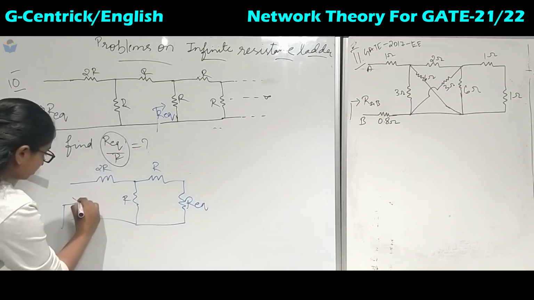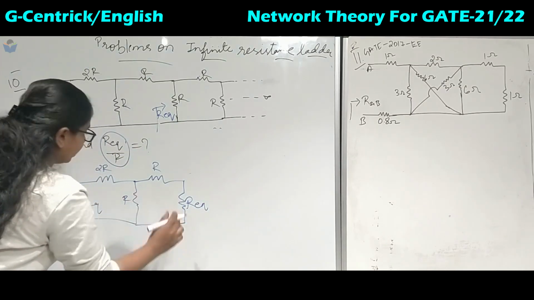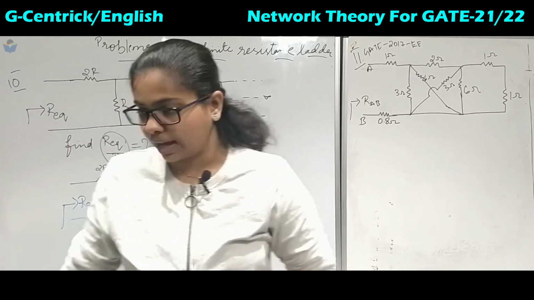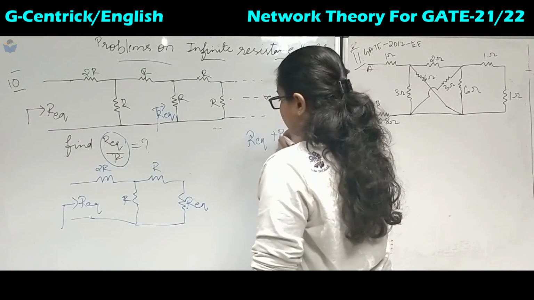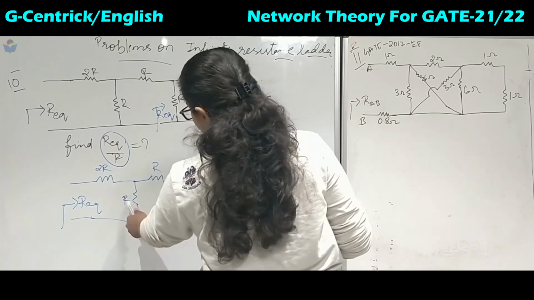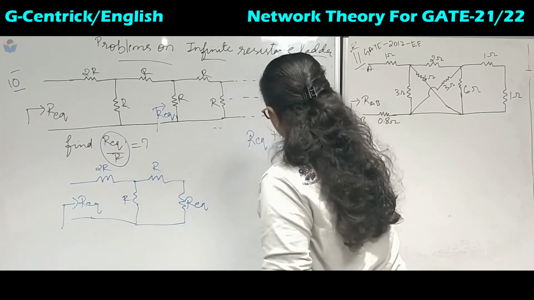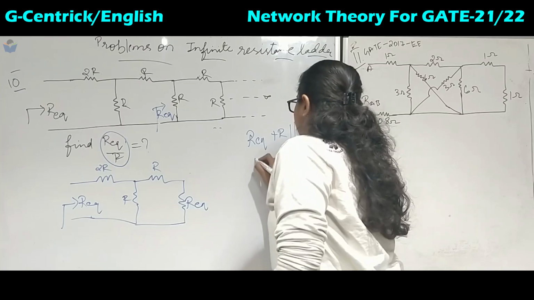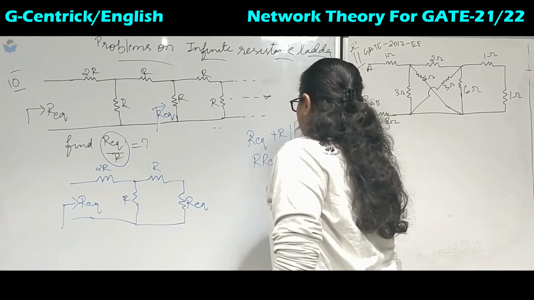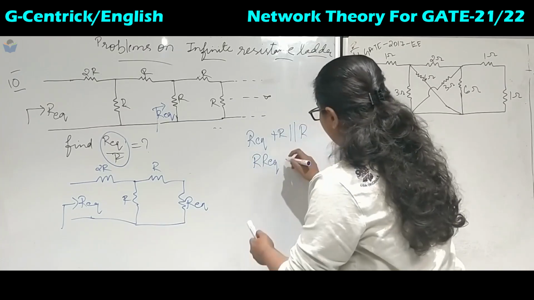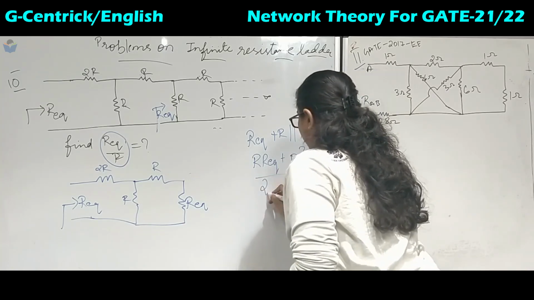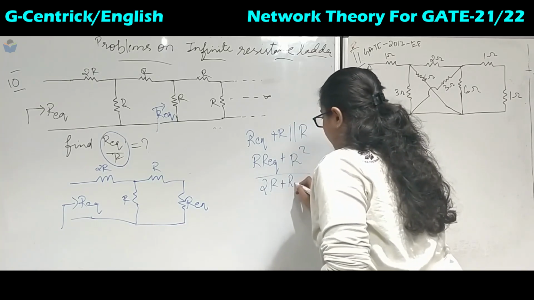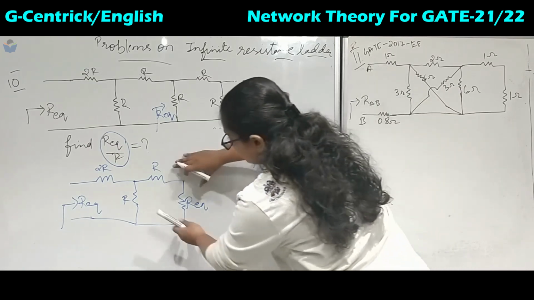So this R equivalent and this R are in series, so we get R equivalent plus R, and this is again in parallel with R. Solving this, we get R into R equivalent plus R square divided by 2R plus R equivalent. Okay, so this completes this part.